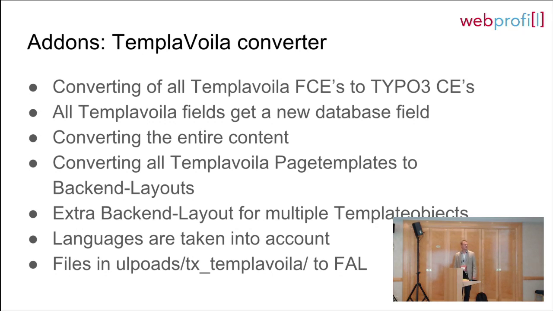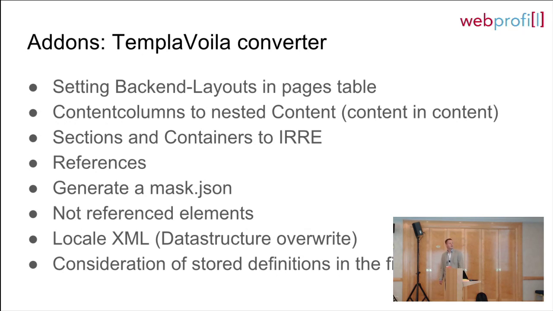And we convert the files from TemplaVoila, which are not stored with FAL, to FAL files. Then we set the backend layouts in the pages table so that the correct backend layout is set for the page, as before with the TemplaVoila layout.